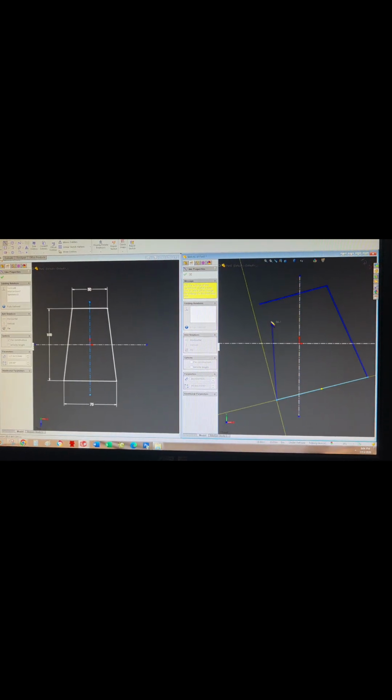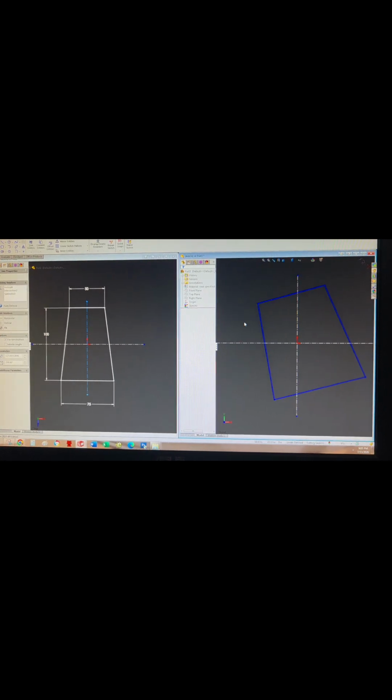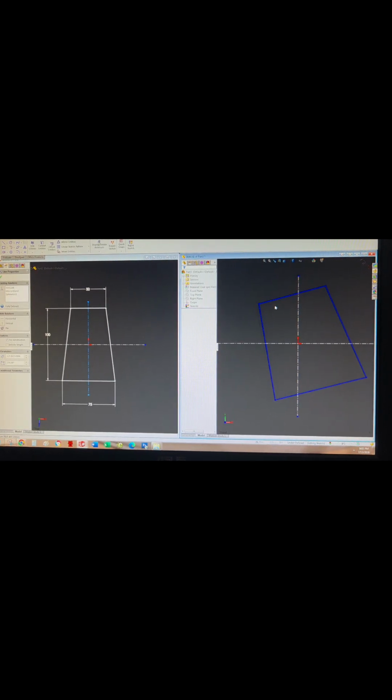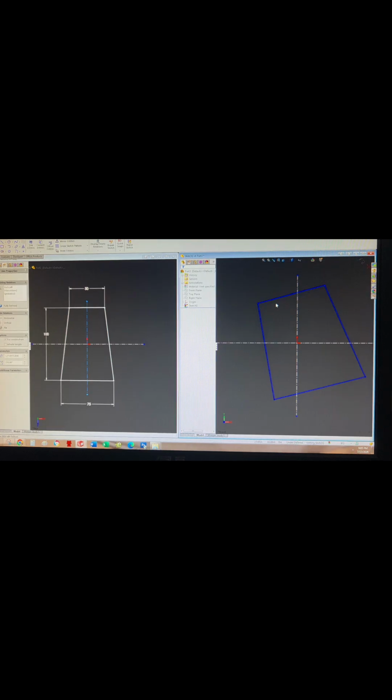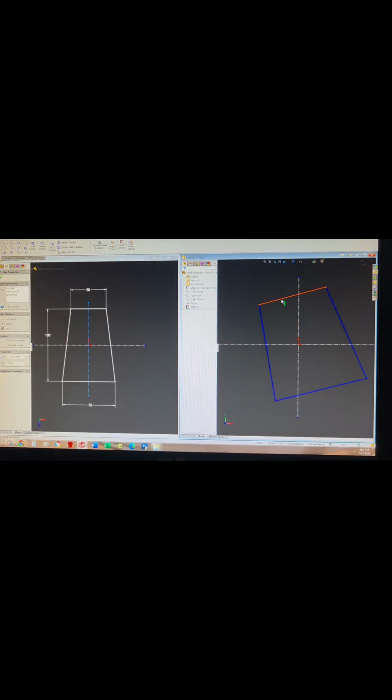So when I go over to my right screen, I will start by drawing four lines connected to create a quadrilateral. My first definition, the way I would define the top line, is to make it horizontal.